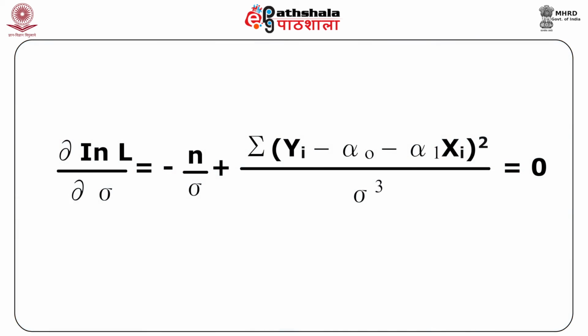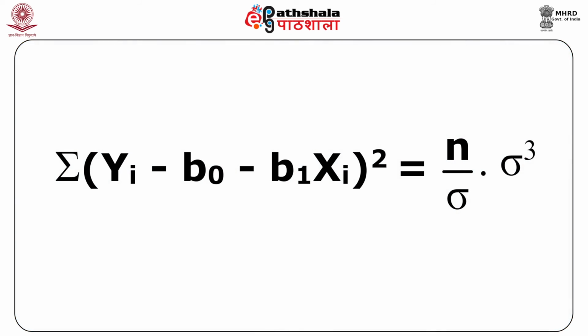To prove this, consider equation 10, where we differentiated the log likelihood function with respect to sigma. Del log L divided by del sigma is equal to minus n by sigma plus summation yi minus alpha naught minus alpha 1 xi whole square divided by sigma to the power cube is equal to 0. As ML is equal to OLS estimators, we can write alpha naught is equal to b naught and alpha 1 is equal to b1. Summation yi minus b naught minus b1 xi whole square is equal to n divided by sigma into sigma cube.